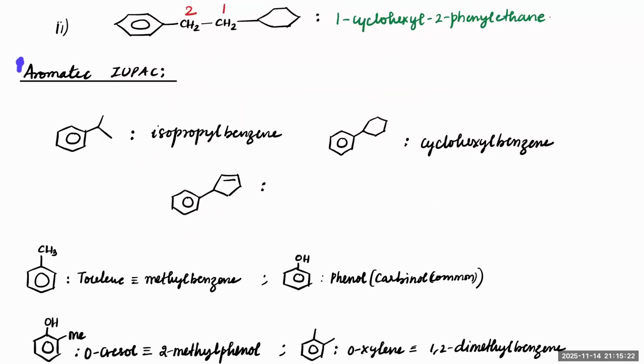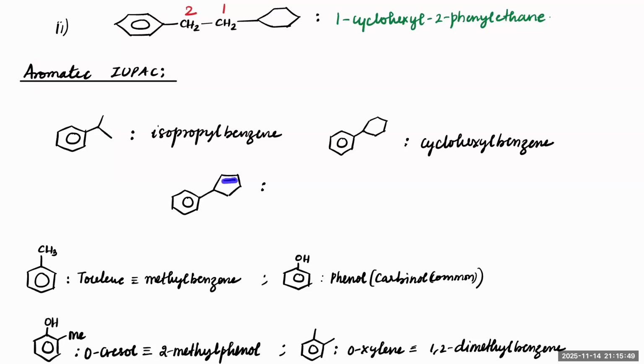Next, in case we are writing aromatic IUPAC names, correct? Like there is simply an alkyl group and then there is a benzene present on it. So we can always write it in terms of benzene this way: isopropyl benzene. You can write it as isopropyl benzene, or here you can see cyclohexyl benzene. We can write this as cyclohexyl benzene. Okay.